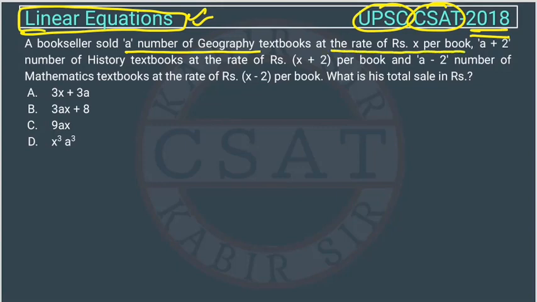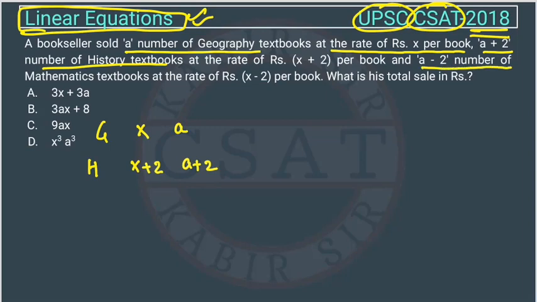So suppose there is a geography book and each book's price is X rupees, and he is selling a number of quantity, A. Now A plus 2 number of history textbooks. So for history, how many textbooks is he selling? A plus 2, at the rate, the price is X plus 2 per book.